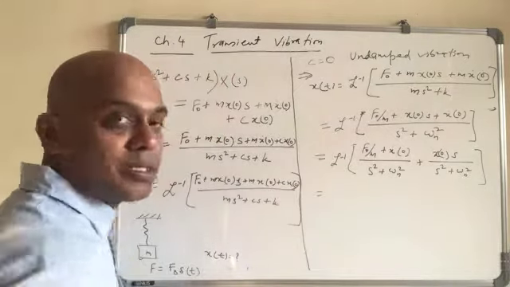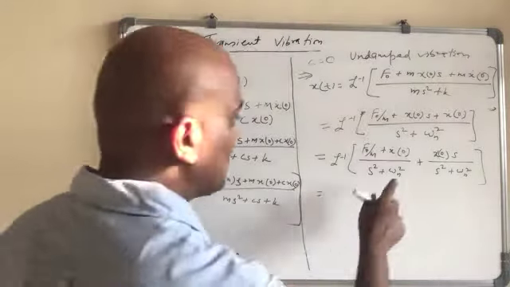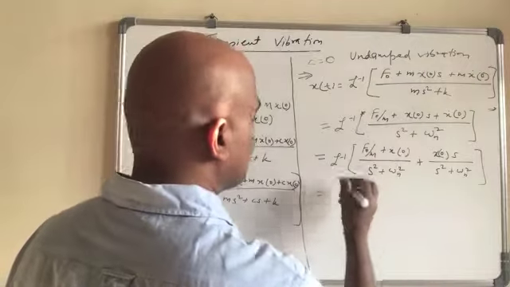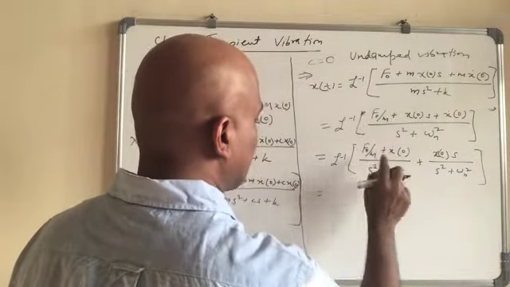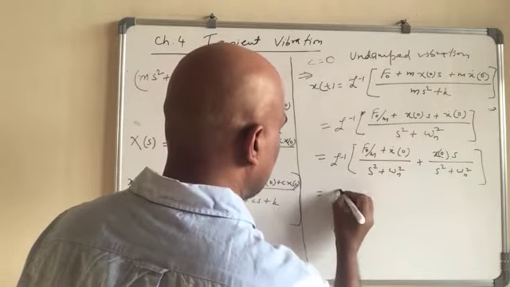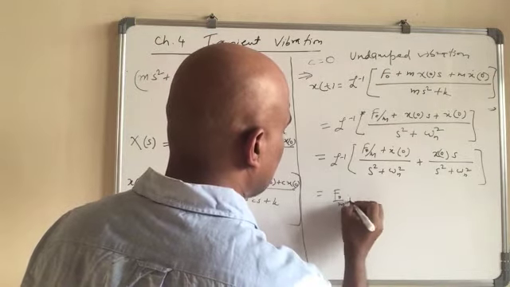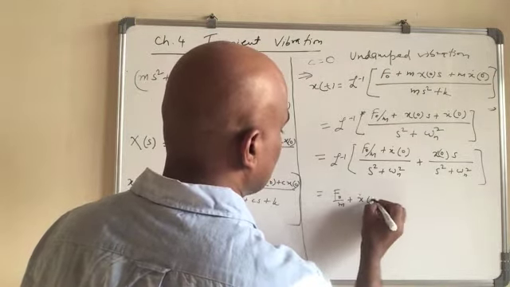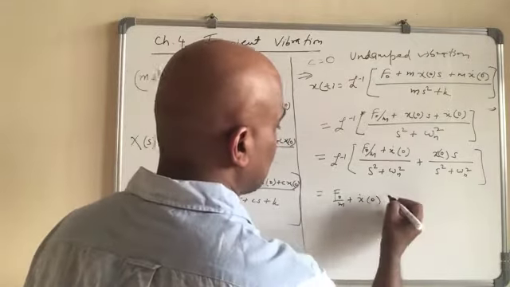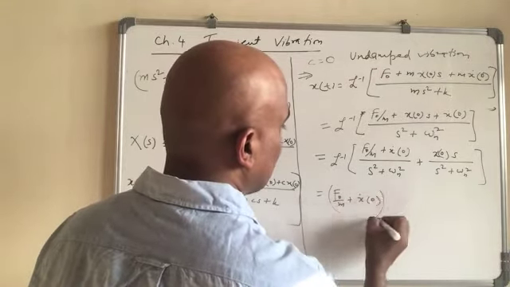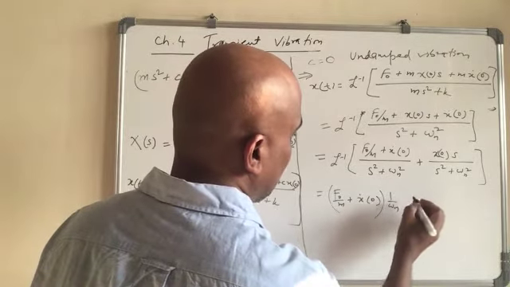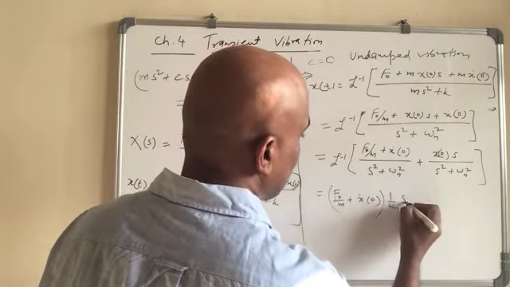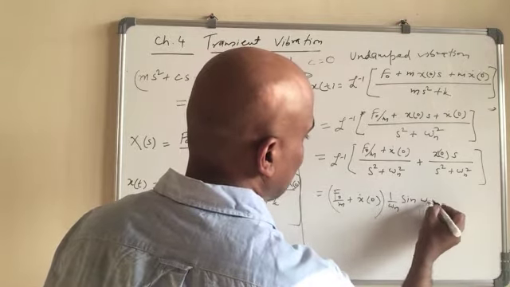So what do we get? If you take the inverse Laplace transform of this first term, you will get (F naught over m plus x dot 0) multiplied by 1 over omega n, and then sine omega n t.